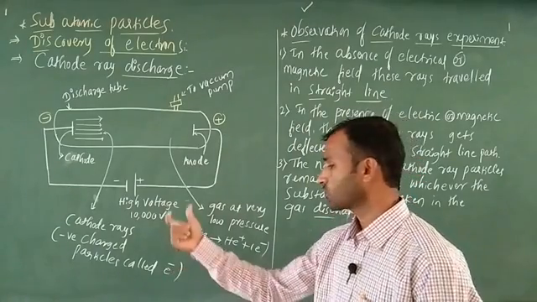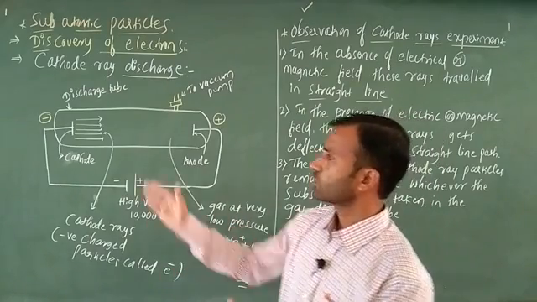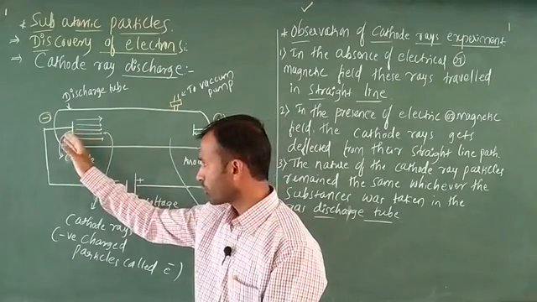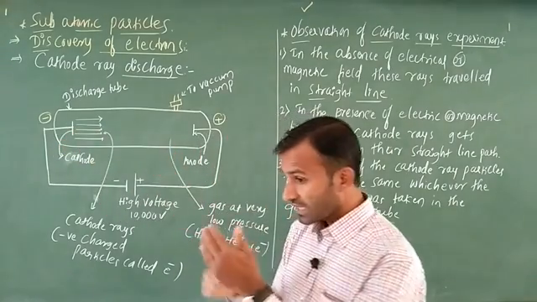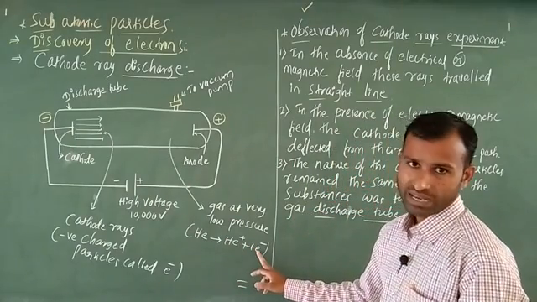This is the final conclusion. Here they use helium. The helium gas starts moving from cathode to anode. The helium is converted into helium plus, by the loss of an electron.